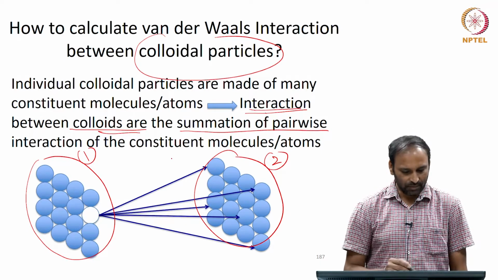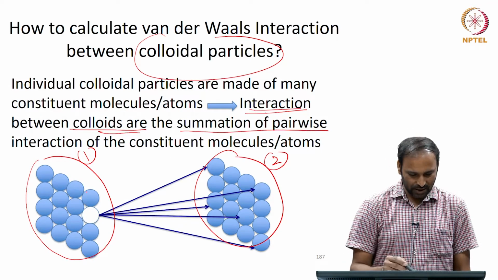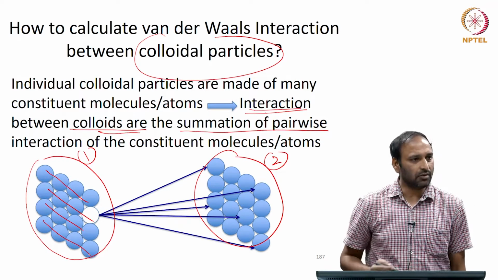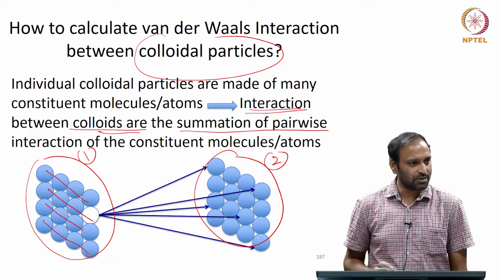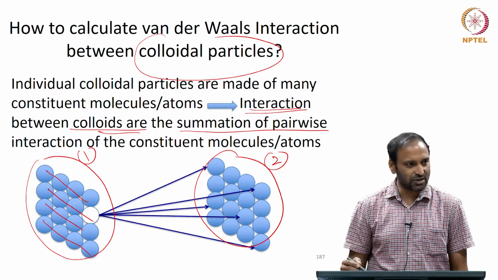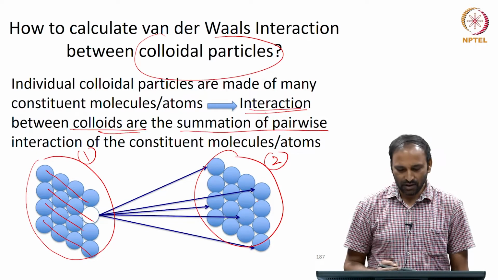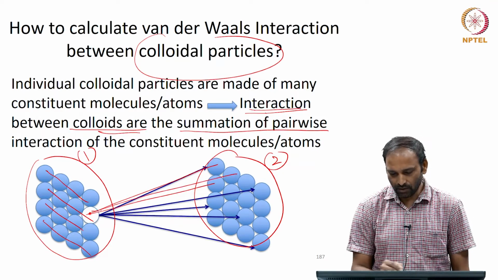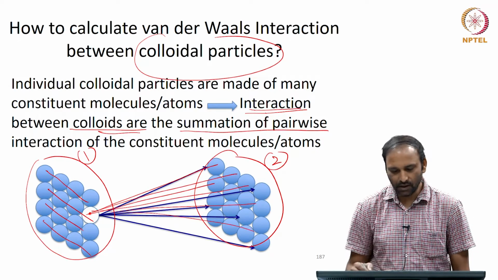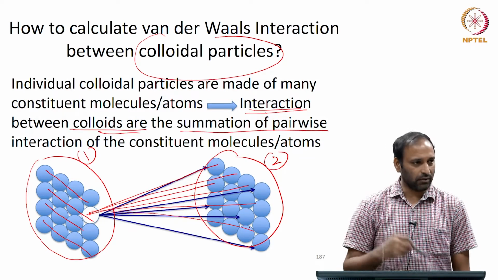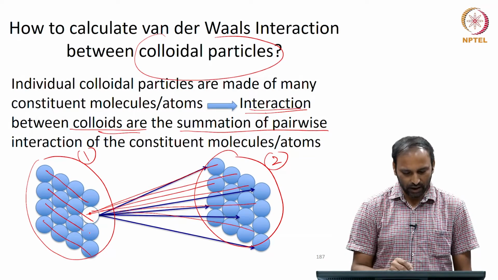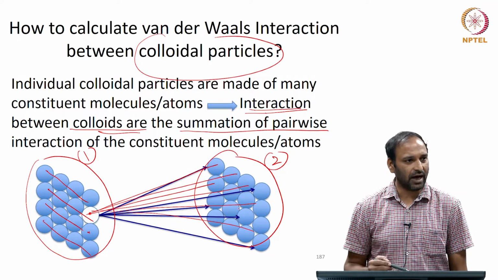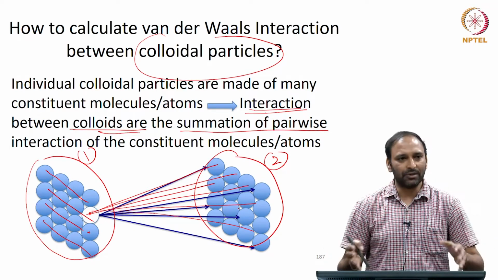In this case I am considering a particle made up of 16 atoms. Similarly, there is another particle made up of a similar number of atoms. I take one atom and look at its interaction with all of the 16 atoms in the other particle. Then I go to the next one and again look at the interaction with all the other 16 atoms or molecules, and I sum them up.